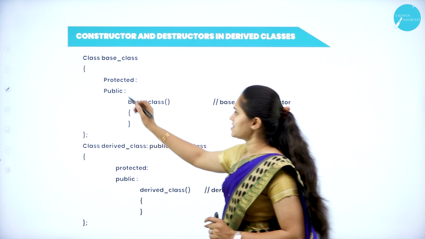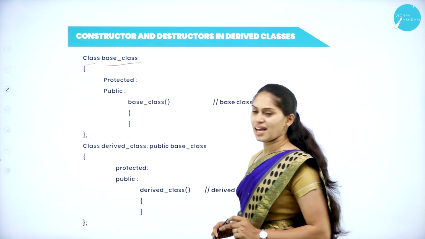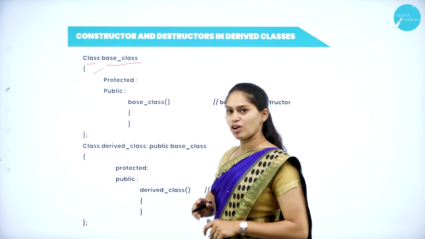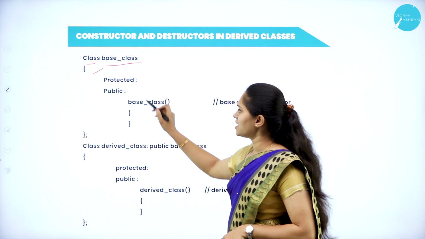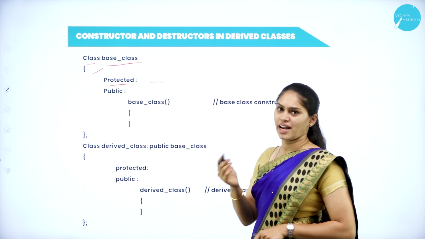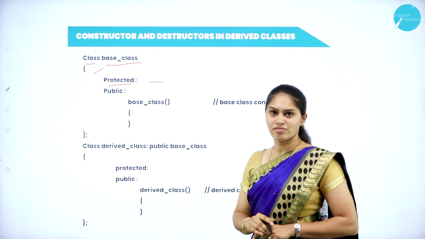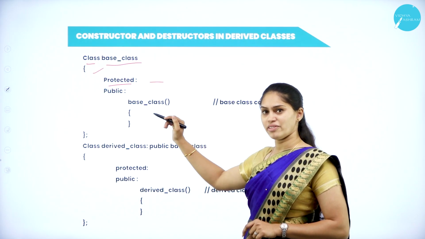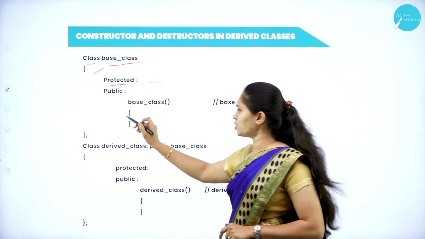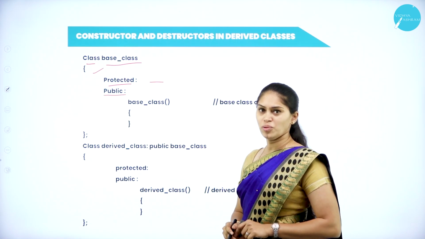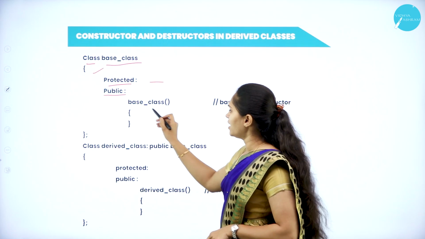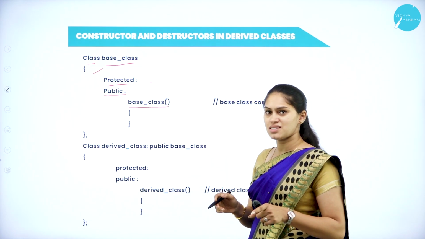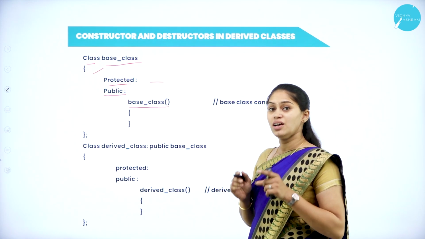Here I have the class keyword and one base class. The name of the base class is base class itself, and I have the opening of the scope of that base class. Under protected, I don't have any data members here, but I have a member function. Am I calling this member function a constructor or a member function? I need to check. It comes under the public access specifier. I have base class along with the parenthesis, which is a function.